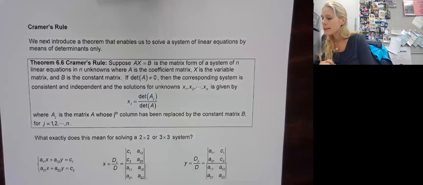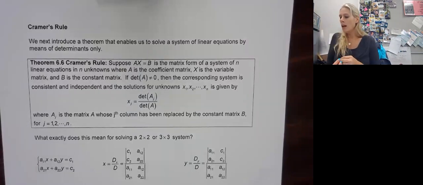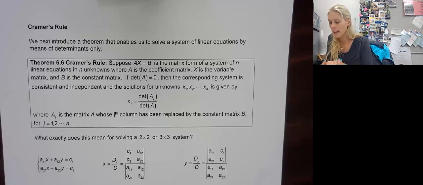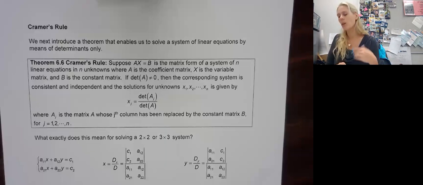Suppose matrix A times your variable matrix equals a constant matrix. So for n linear equations, n unknowns, where A is the coefficient matrix, I already said that. If the determinant does not equal 0, then the corresponding system is consistent and independent, and the solutions are known as your x1, x2, x3, or x, y, z, things like that, okay?